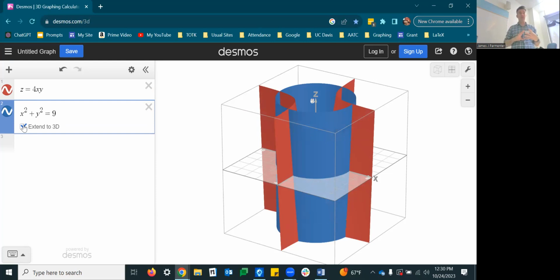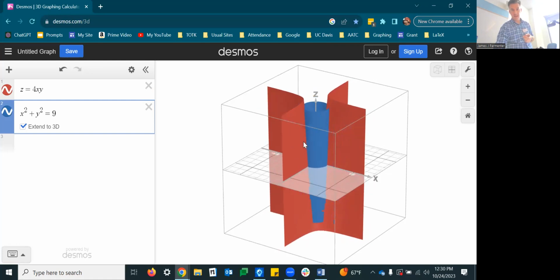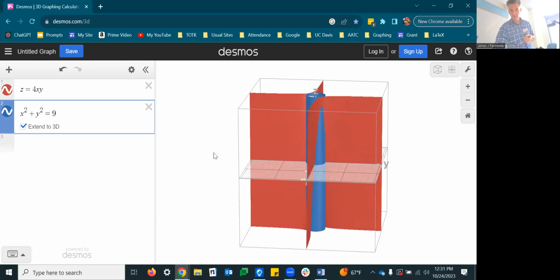Now the idea is we're basically asking where the red surface, on the part that intersects the blue surface, has a maximum value or a minimum value. It's hard to see, but if you look right there, the red function is as big as possible while still being on the circle where x squared plus y squared is equal to 9.